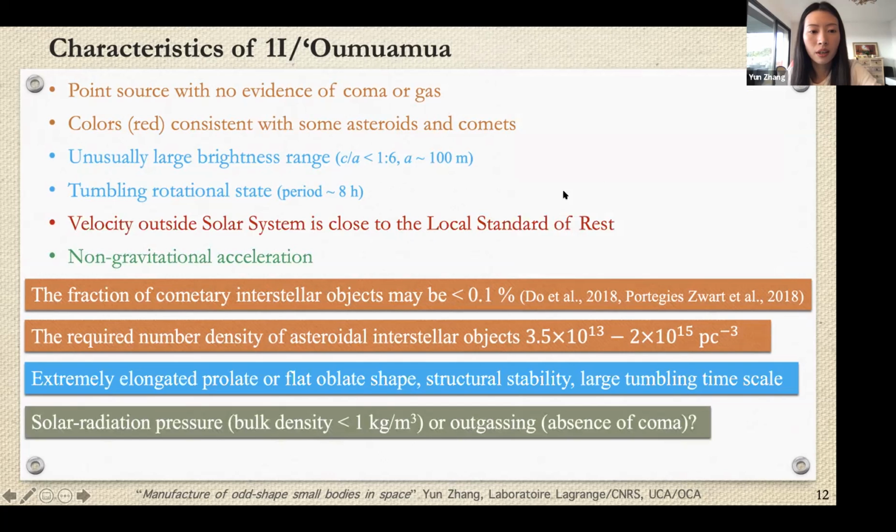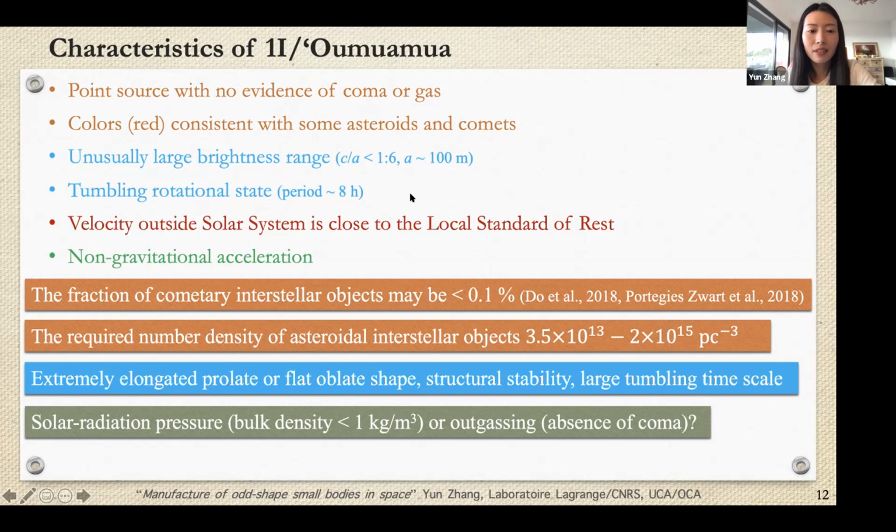And also, among all the possible sources to account for the non-gravitational acceleration, the solar radiation pressure will require a very low bulk density, while outgassing is contrary to the absence of a coma. So all these puzzles are very hard to solve in a consistent way.